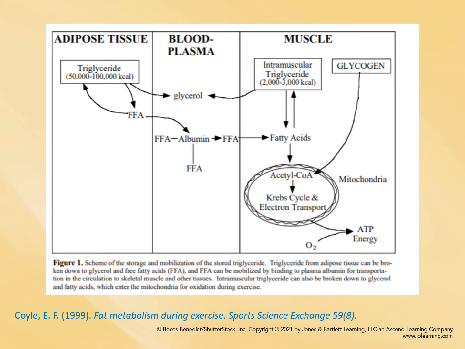Now, albumin can go ahead and release that free fatty acid, and it can cross over into the muscle cell. Remember, there's a specific transporter that does that. Fatty acid translocase, I think it is.